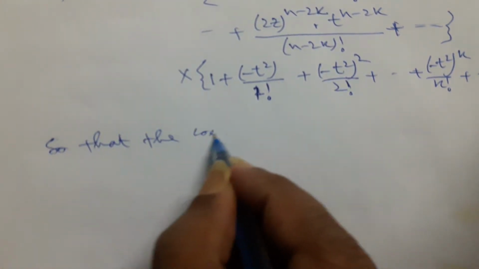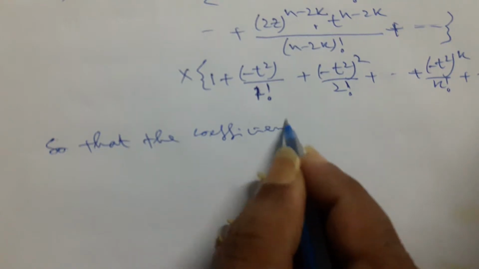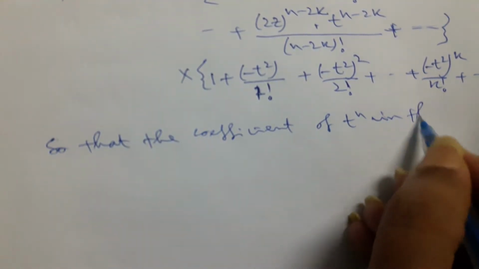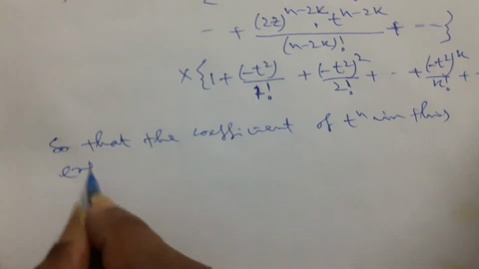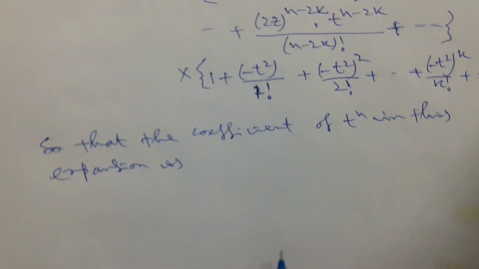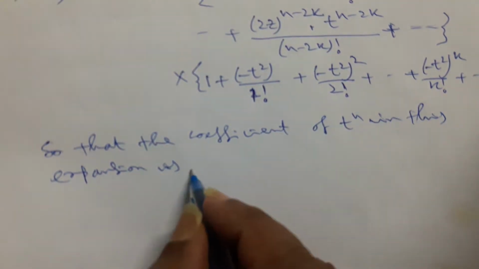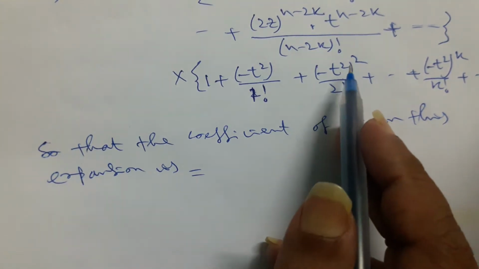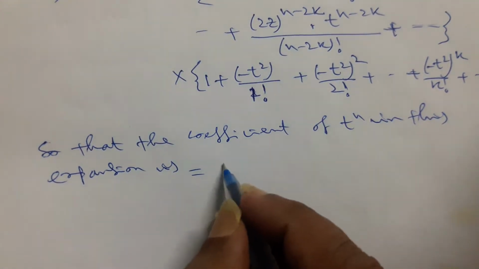So if we take the coefficient of t to the power n in this expansion, there are two different symbols here. For n even and odd, there may be two possibilities.